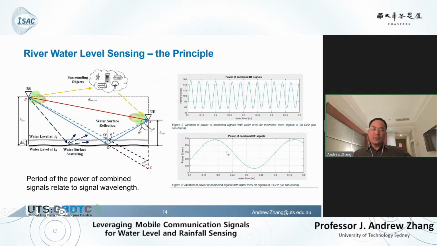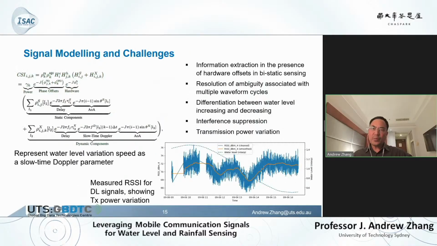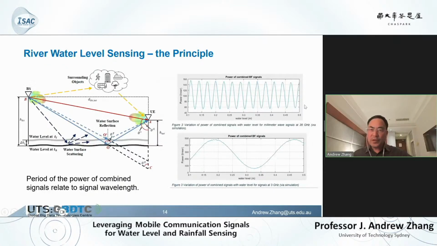So for real environmental sensing, we need to solve multiple practical challenges, although the underlying principle is quite simple. For example, how can we know which period the current estimate is located in, right? We have so many periods here, and for high frequency signals, the period is very small. So when we see the signal, for example, here, we don't know exactly what water level it corresponds to, because each cycle looks very similar for different water levels.